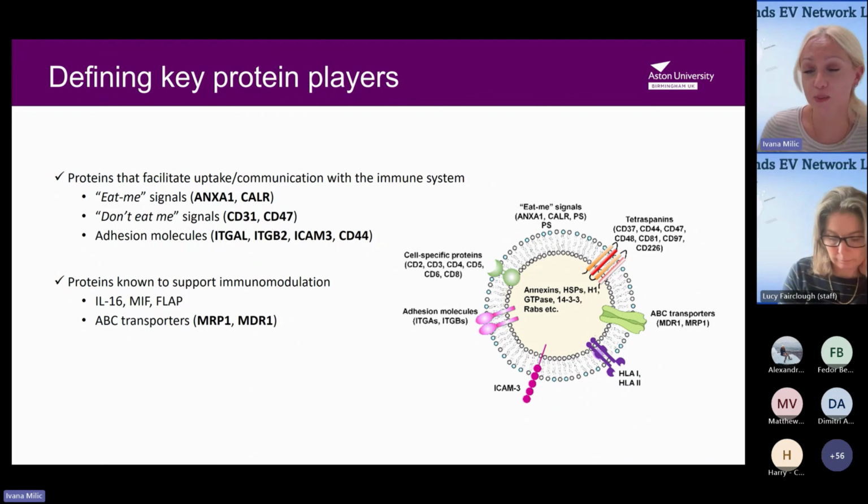They would probably be the ones that will support the EV uptake by the host cells. But there are a number of proteins known to support immunomodulation, such as MIF or FLAP, or some ABC transporters that are well characterized in the cancer models when we talk about immunomodulation as well. So these would be some of the candidates that could potentially play a role in immunomodulation.